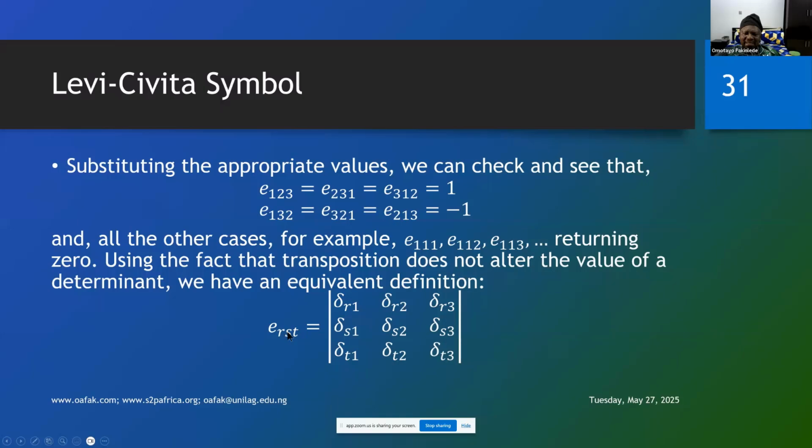We can have ERST equal to the determinant with rows delta R1, delta R2, delta R3, delta S1, delta S2, delta S3, delta T1, delta T2, delta T3. It's the same definition, but all that happens is that we can transpose a determinant and it is still the same value. Even if the matrices are different, their determinants are the same.